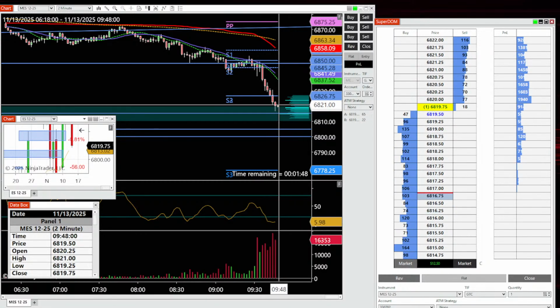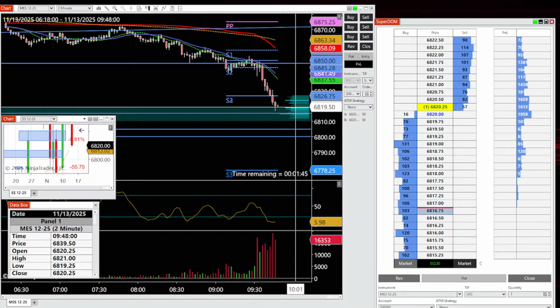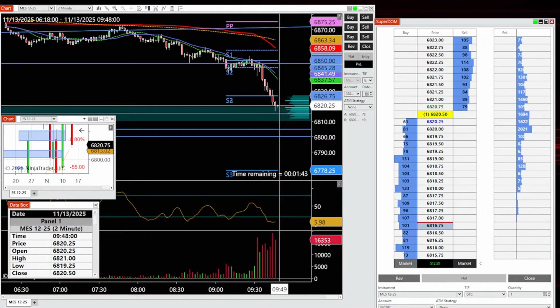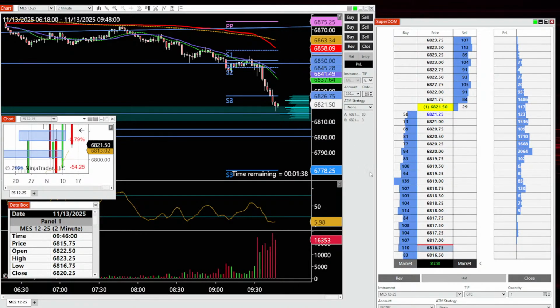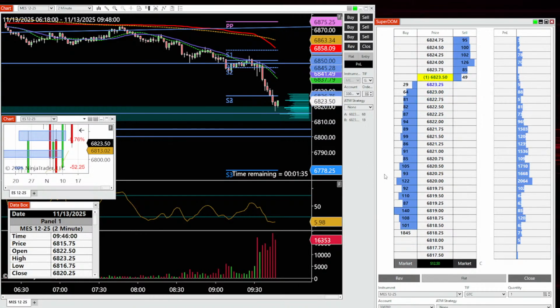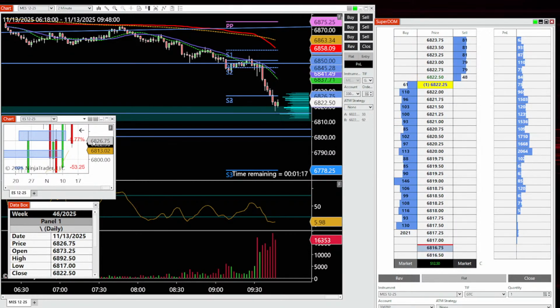One option is it could consolidate here and move up. Get some support. The low is what? 16. Could get some support for the bounce. Could pull back to 27. Back to this level.